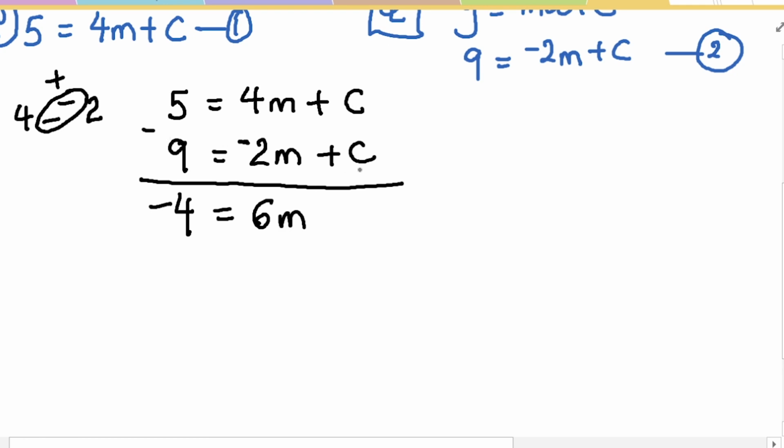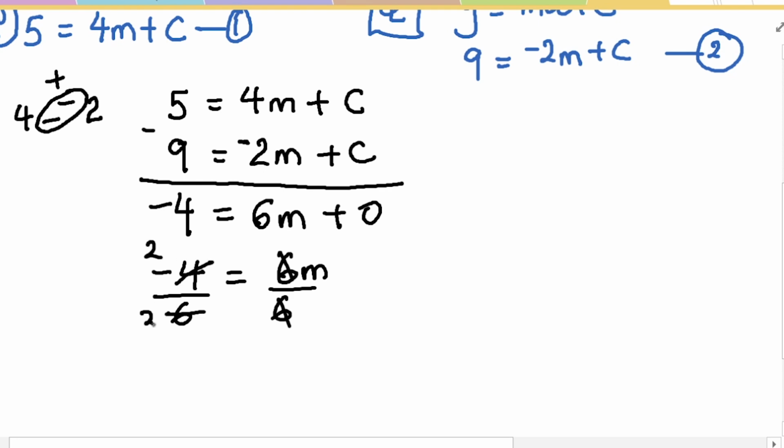Then c minus c is 0. So 6m is equal to -4. Divide both sides by 6, so that the 6 and 6 cancel out; dividing by 2 twice, and by 2 three times. So our value of m is -2 over 3.